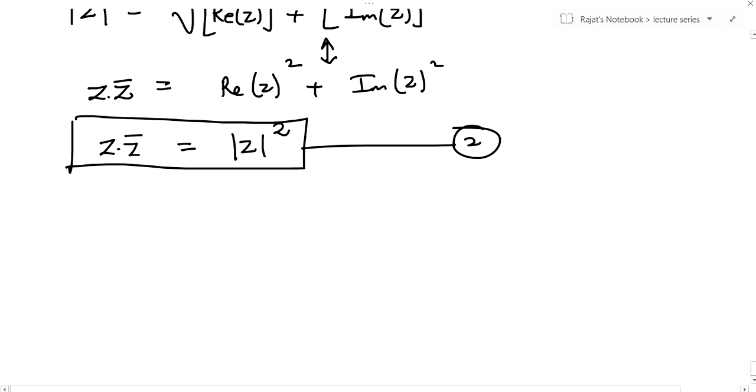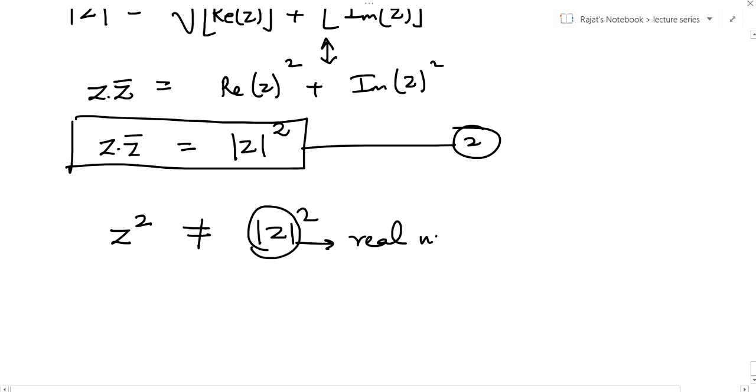Another thing to remember is that please, z square is not equal to mod z square, because mod z is a real number. So mod z square is also a real number, it is always going to be a real and positive number. However, z square need not be a real number.